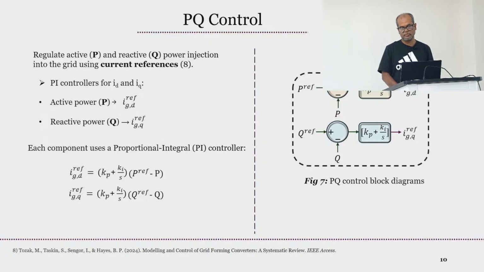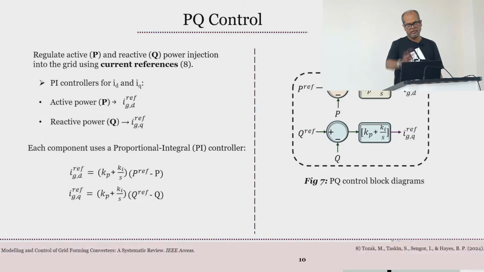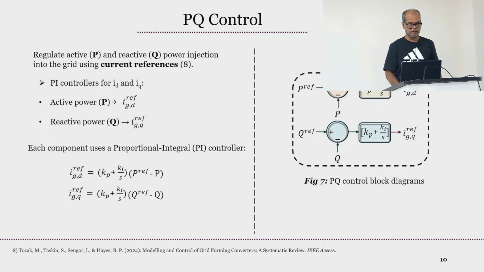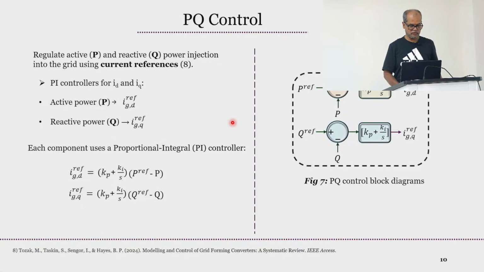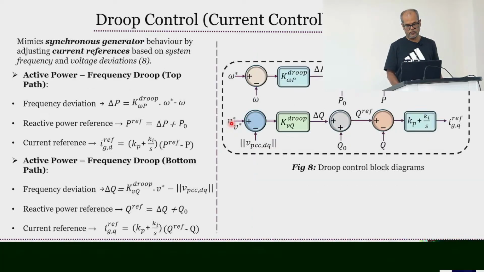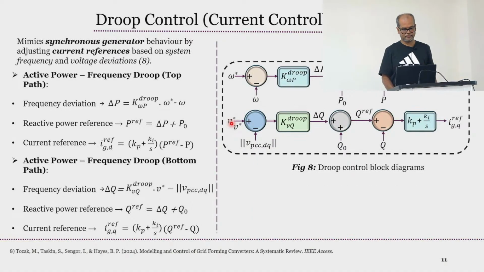People also sometimes do trial and error to find the best parameters, and nowadays even AI and other approaches can be utilized to tune the control. But this is one of the controls used for PQ control of the inverter.